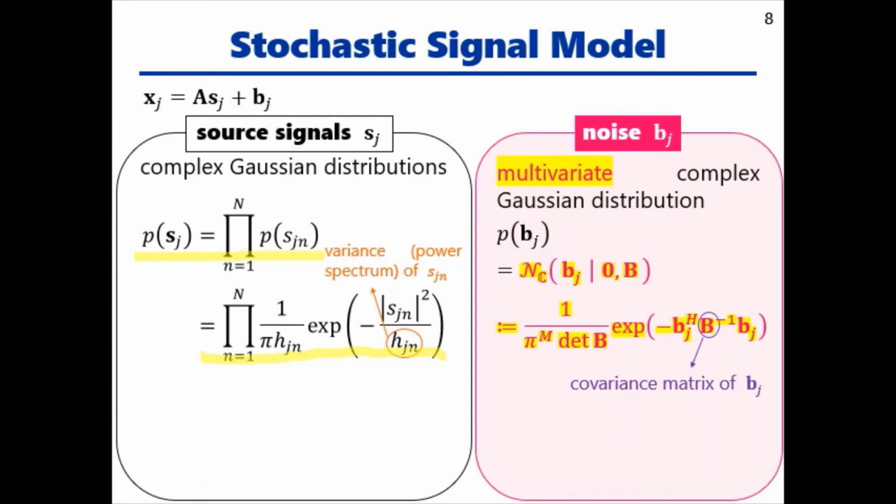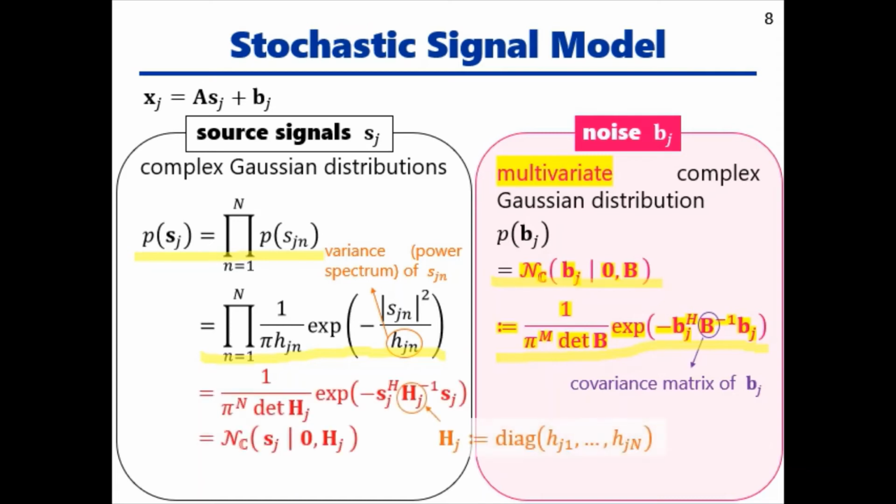On the other hand, the noise is modeled by a multivariate complex Gaussian distribution described by this probability density function. Here, capital B denotes the noise covariance matrix. Actually, we see the distribution of the source signals can also be rewritten using the multivariate complex Gaussian distribution like this.